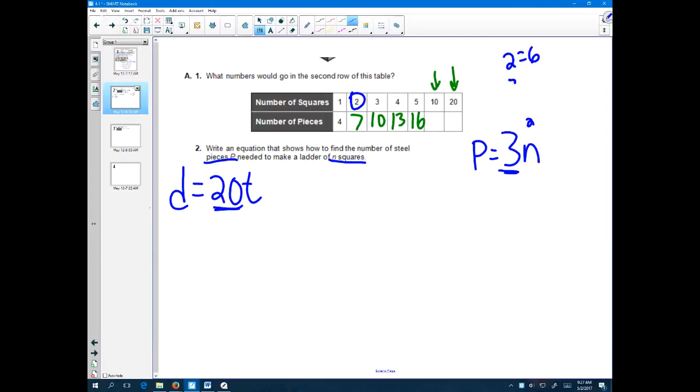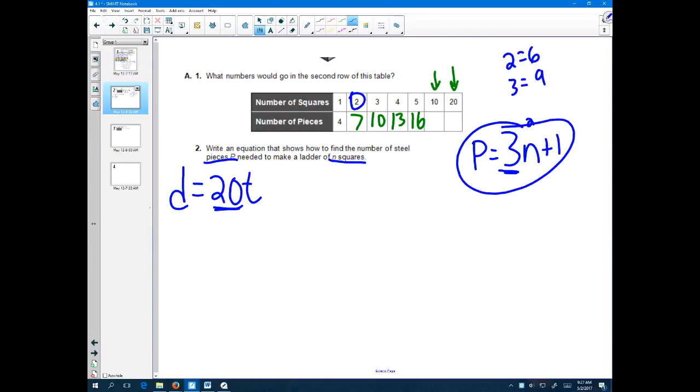If we plug 3 in there, what do we get? Elijah? 9. We got 6 and 9. What should they have been? Olivia? 7 and 10. So what would I have to do with these to get 7 and to get 10? Add 1. So what should I put behind this 3n, do you think? Plus 1. There's your equation.